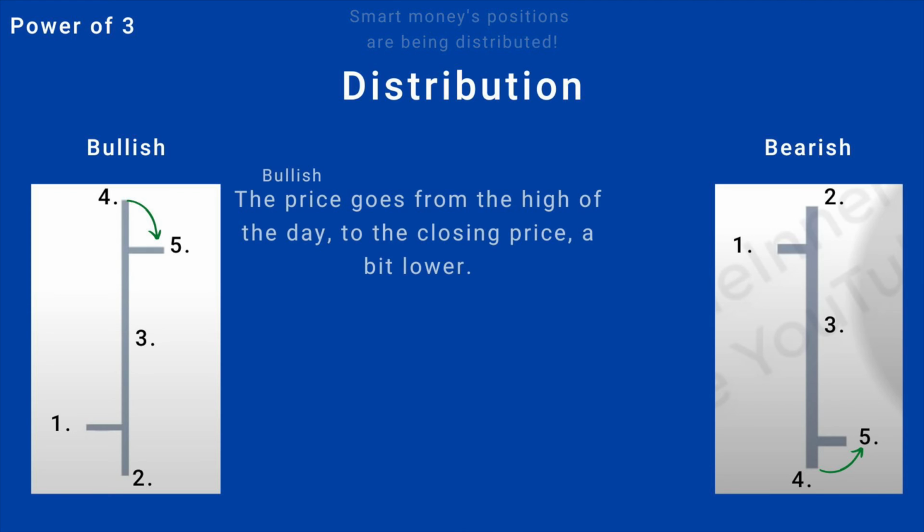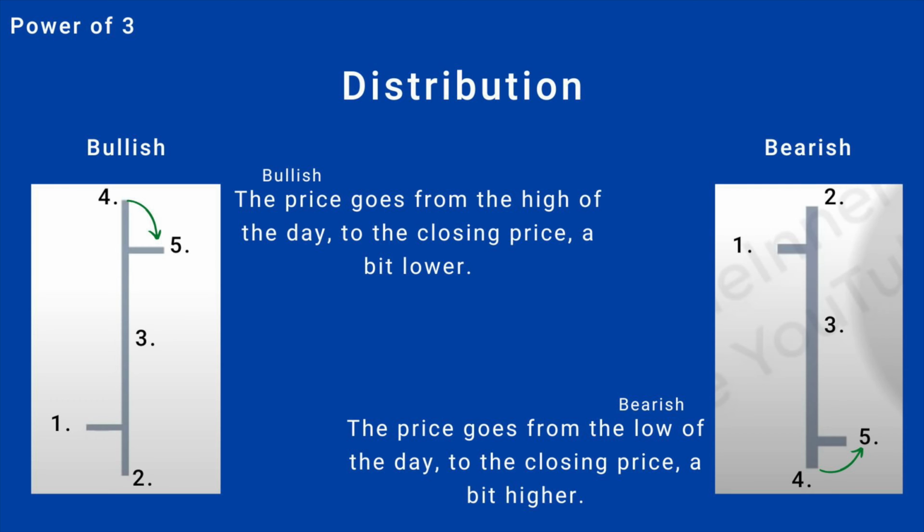In the bullish power of 3, the distribution lies where the price goes from the high of that day to the closing price, so it goes a tiny bit lower, and the smart money's positions are being distributed. In the bearish power of 3, the distribution indeed lies between point 4 and 5, as we just said, and the price goes from the low of that day to the closing price, so it goes a tiny bit higher.